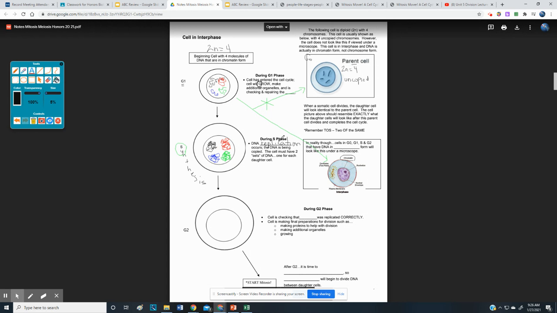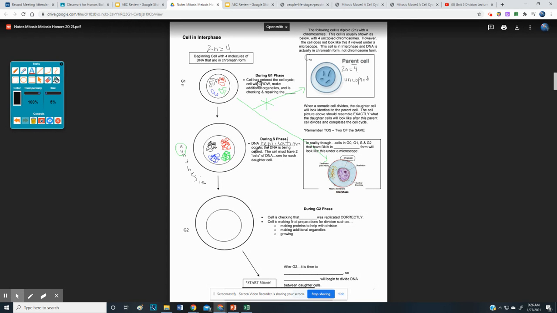Now I guarantee you, in that time of desperation, when you go to copy, you probably look at that person's work to make sure it looks good to copy, right? And that's something that's going on in G1 phase.